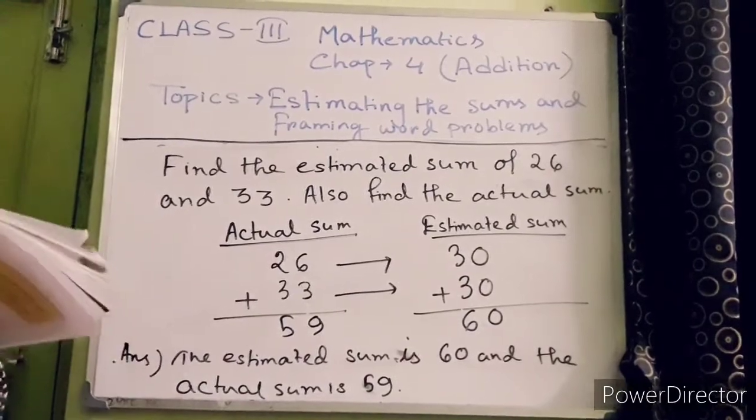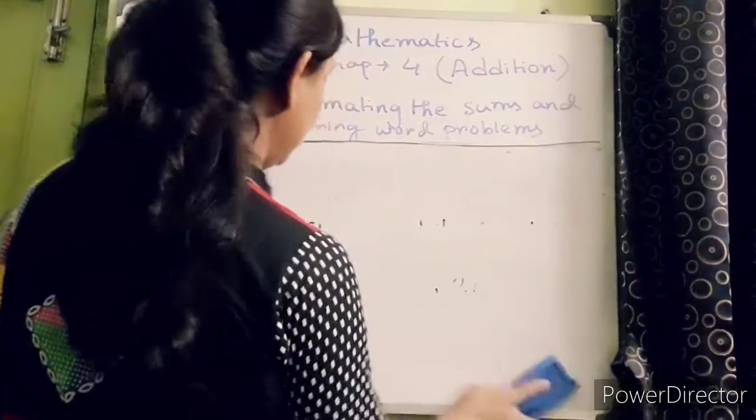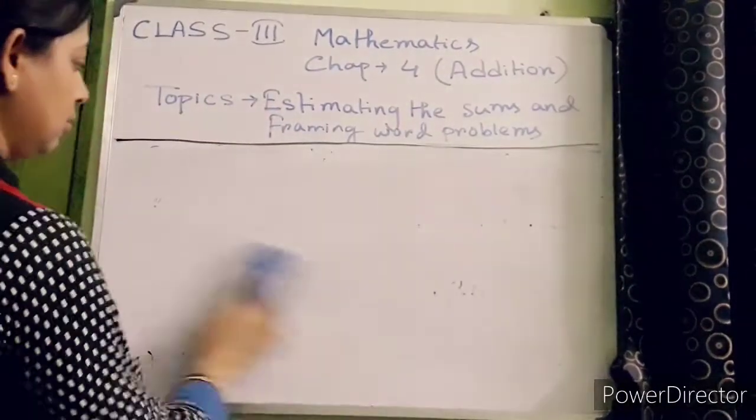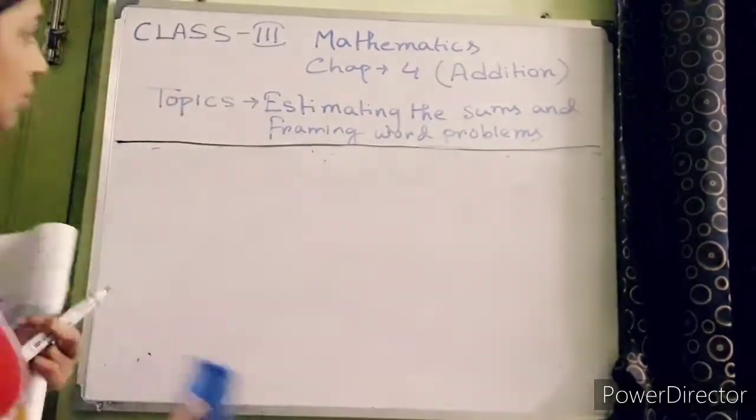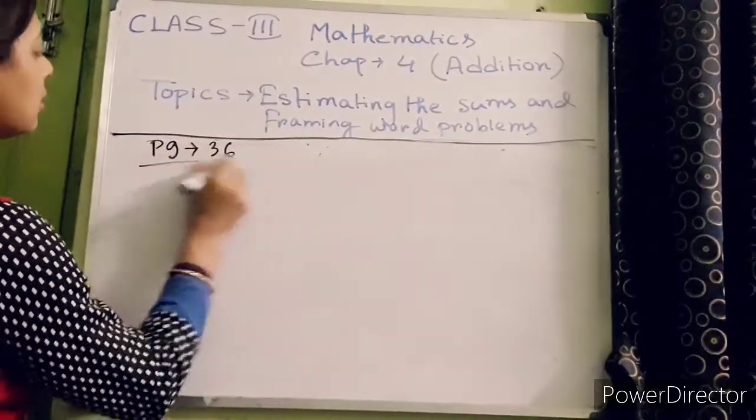Question number 4. Page number 36, question number 4. 75, 27.